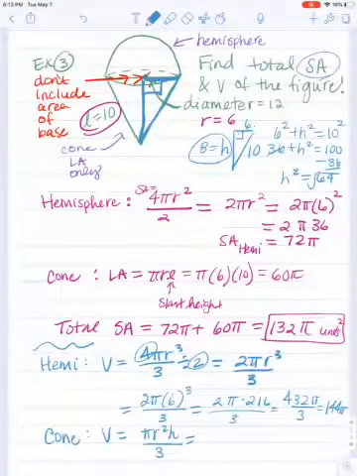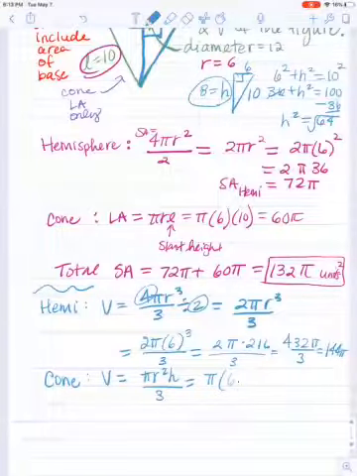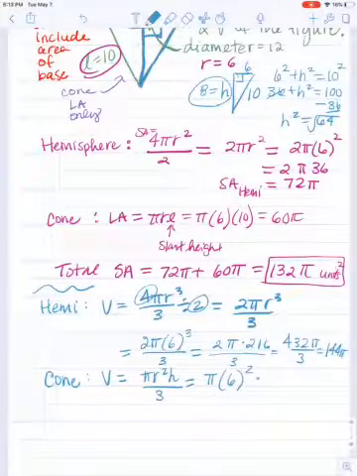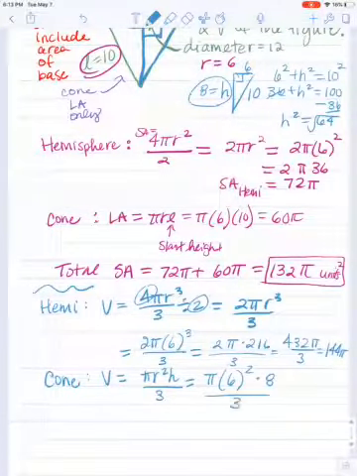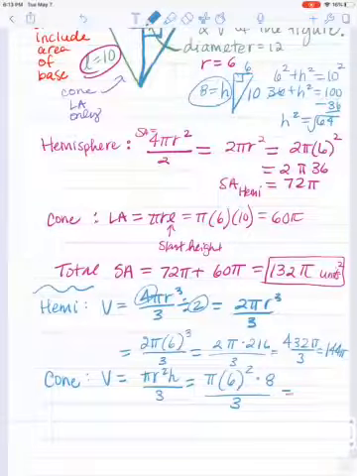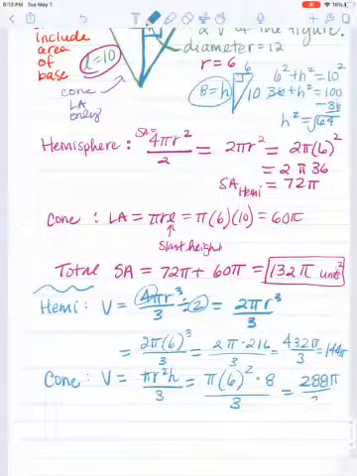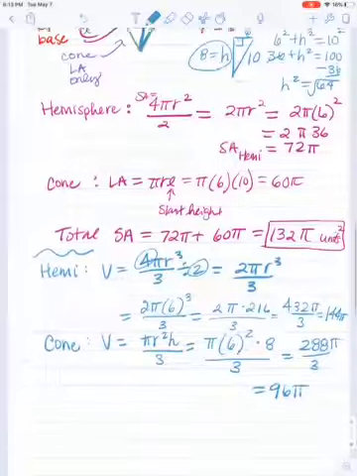Let's go back to our formula down here. Volume is pi times the radius, 6, squared times the height, which is 8, divided by 3. 6 squared is 36, and 36 times 8 is 288 pi over 3, which is 96 pi.